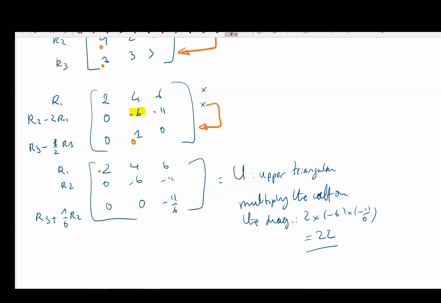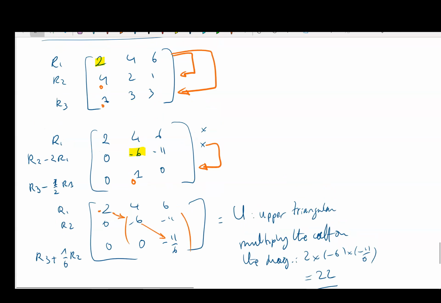That's going to be plus 2 times the determinant of that remaining matrix, and the determinant of that remaining matrix is just -6 times -11 over 6. And that's all. So the determinant of a triangular matrix is just the product of the diagonal coefficients.